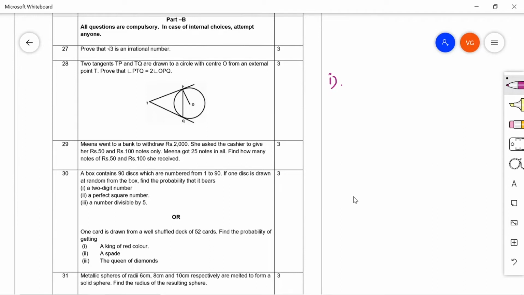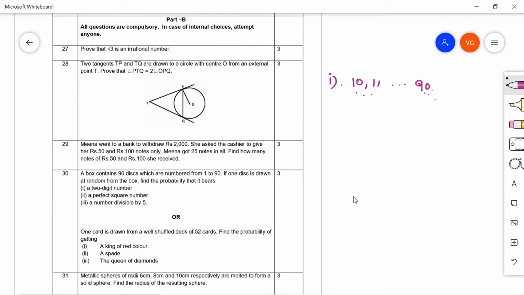2-digit number. So you have 90 discs numbered from 1 to 90. So 1 to 9 they are single digit. After that 10, 11 till 90 you have double digit. So how many discs are there with the double digit? 81 here, right? So 10, 11, 12, 13 like that. If you count till 90, it gives you totally 81.